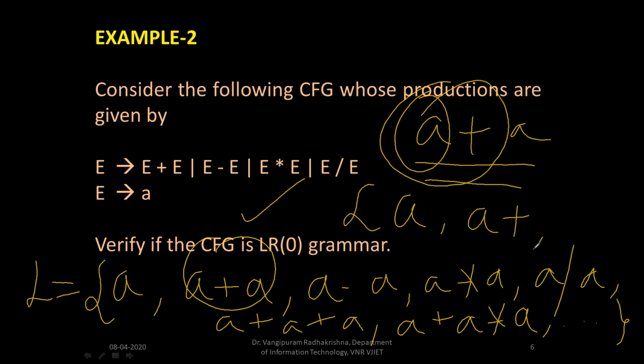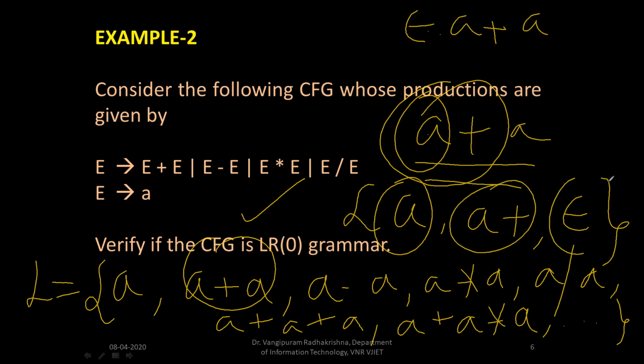Apart from this one, a proper prefix can also be epsilon. By default, epsilon happens to be a proper prefix for any string. Now, these are the proper prefixes which are available to you: A, A plus, and epsilon.